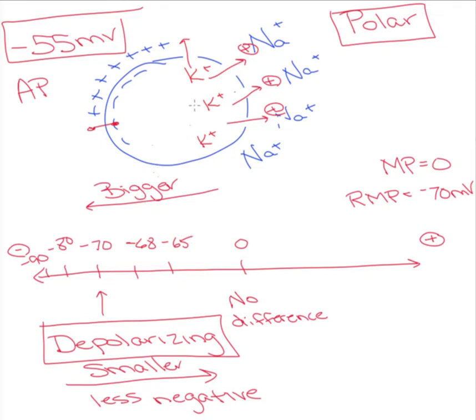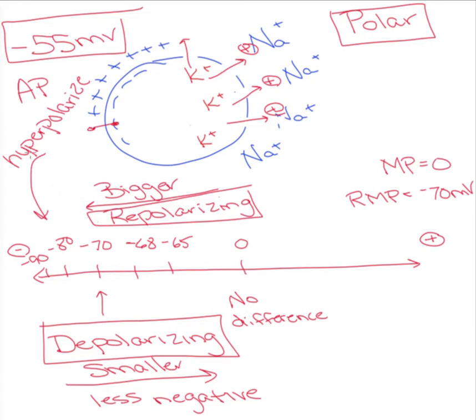This is called, depending on where we are, either repolarization or hyperpolarizing. And it's hyperpolarizing when we go past normal resting membrane potential. So over here, we might hyperpolarize the cell. If we're just coming back from like negative 65 back to 70, that's just repolarizing.